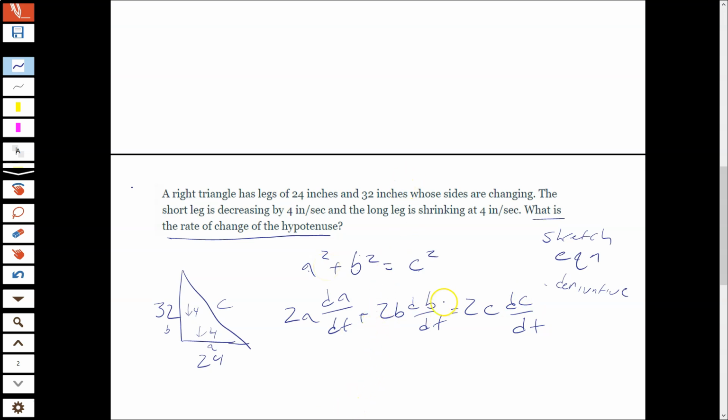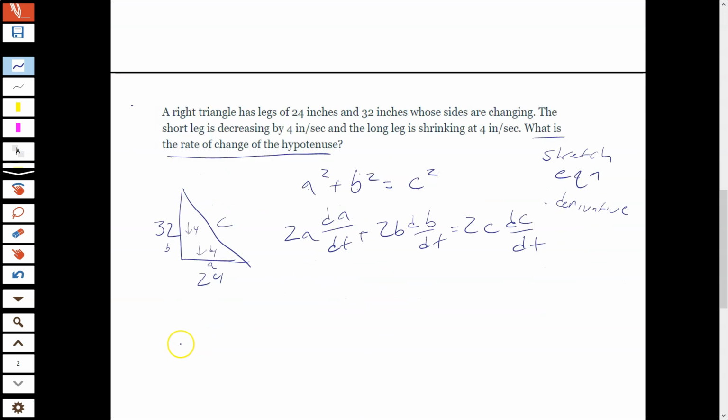Now, this is where these get cool. So, I need to make these substitutions. And I know A is 24, so 2 times 24 times dA dt. dA dt is negative 4. So the short leg is decreasing by 4 inches per second.